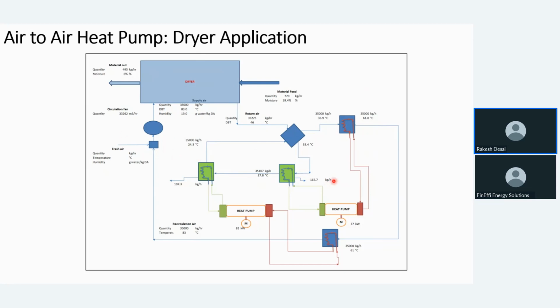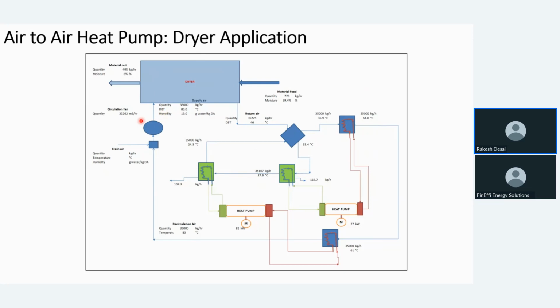Also, since the same dryer exhaust air was utilized, most of the moisture was removed in this process, and good quality dehumidified air was used for the drying purpose. So the temperature of the air was lowered from 110 degrees centigrade to 85 degrees centigrade.